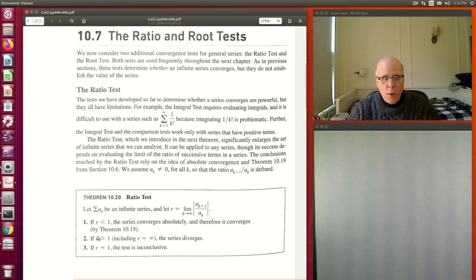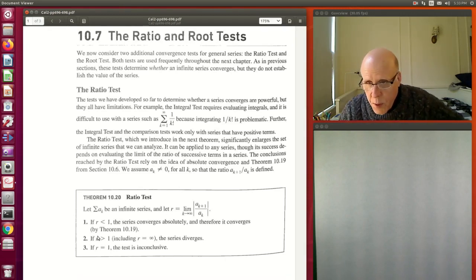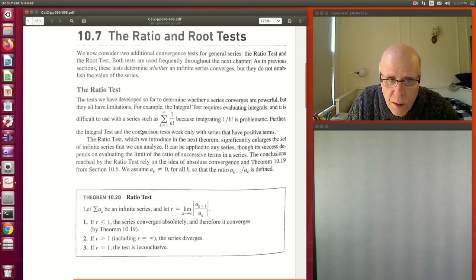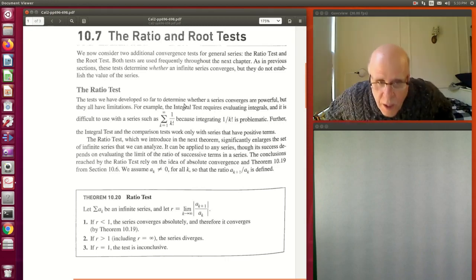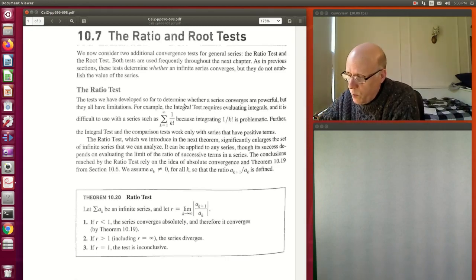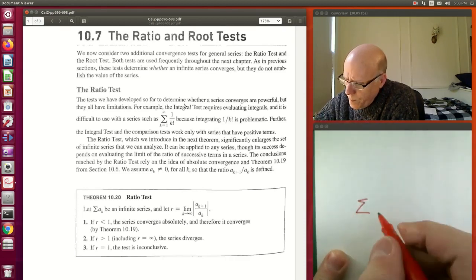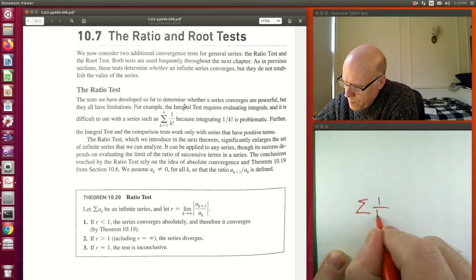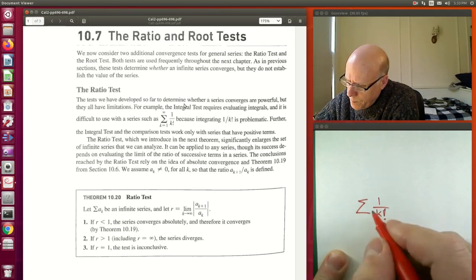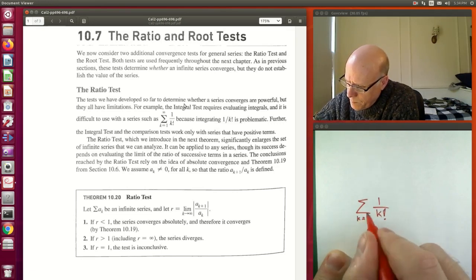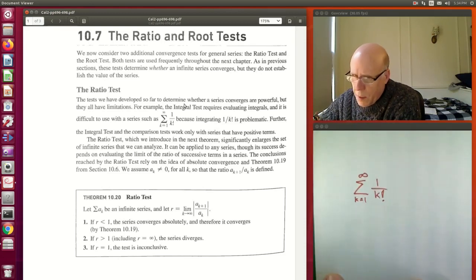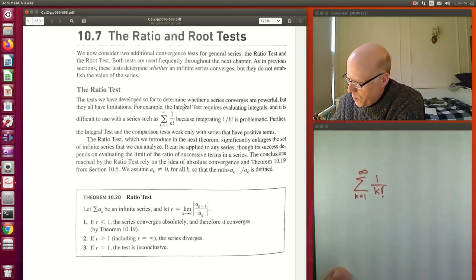Why don't we look at the ratio test for the example that they gave here, the sum of 1 over k factorial as k goes from 1 to infinity. Like I said, that almost certainly converges, but let's see what the ratio test would tell us.